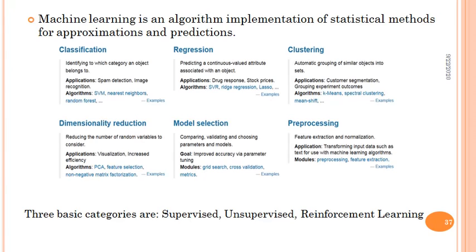Machine learning is an algorithm implementation of statistical methods for approximations and predictions. As I told you earlier, the basics of machine learning algorithms rely on statistical and probabilistic methods, right?